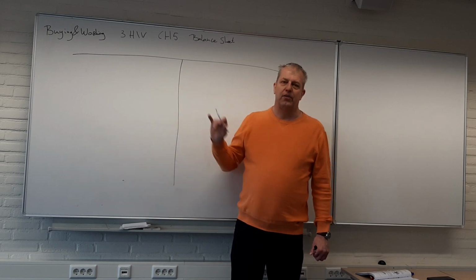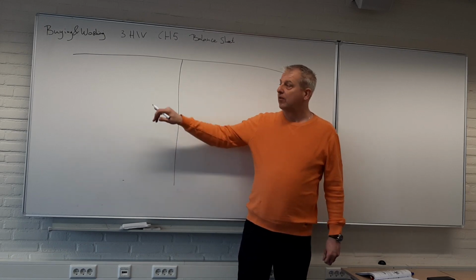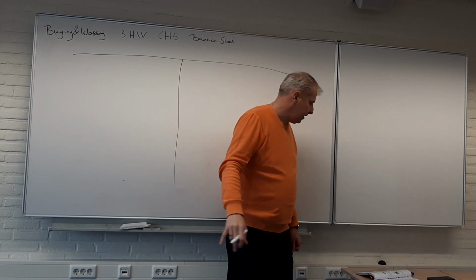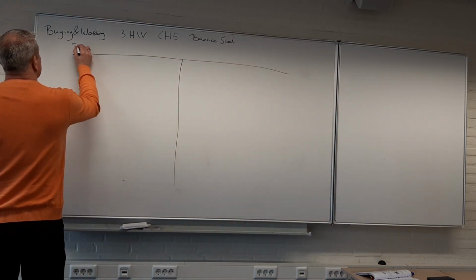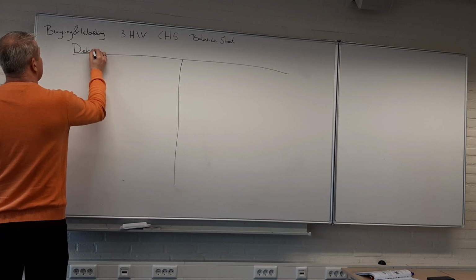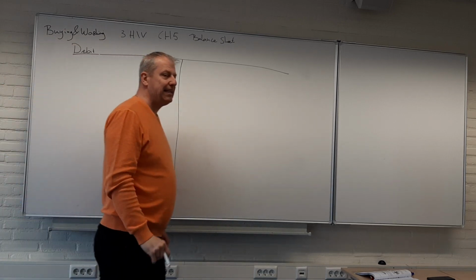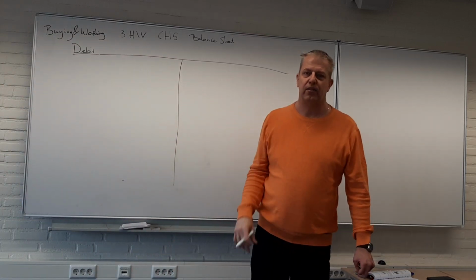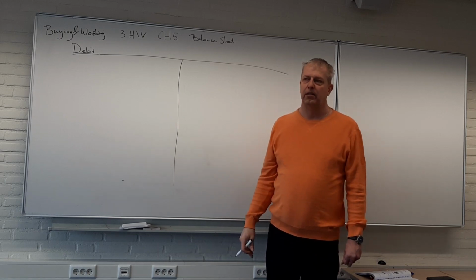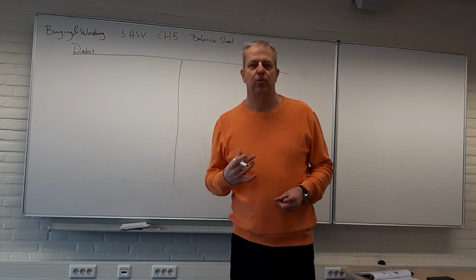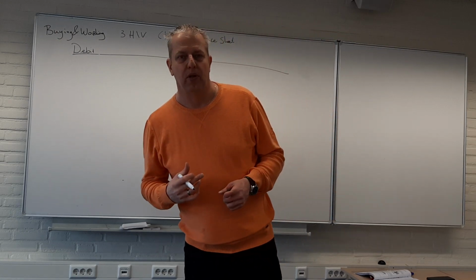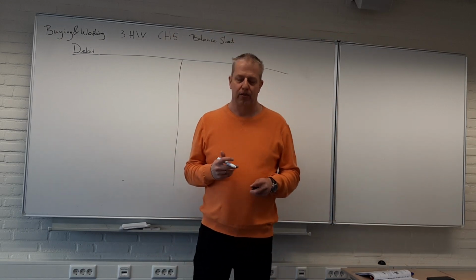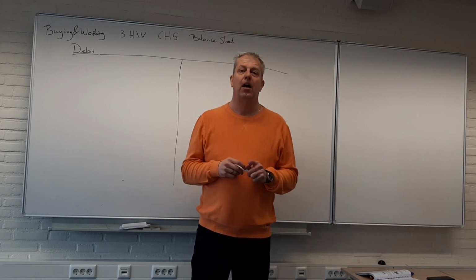This represents the company, and on the left hand side, what we call the debit side, are all the assets, the belongings of this company. When I do this at school, I ask my pupils, can you name an example of an asset? And normally it goes right.